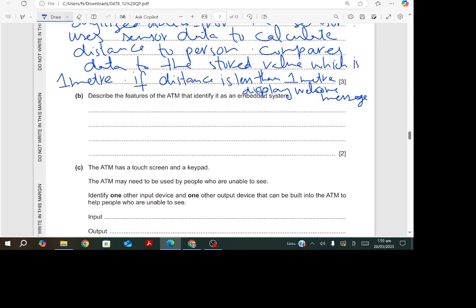Describe the features of the ATM that identify that it is an embedded system. Again and again we know how we can identify that something is an embedded system, because the first definition which I have told you to write is that it is dedicated to carry out a single action. What else can you write?